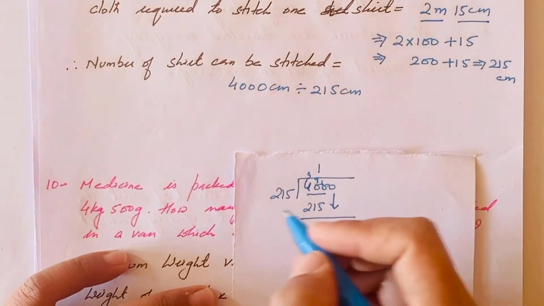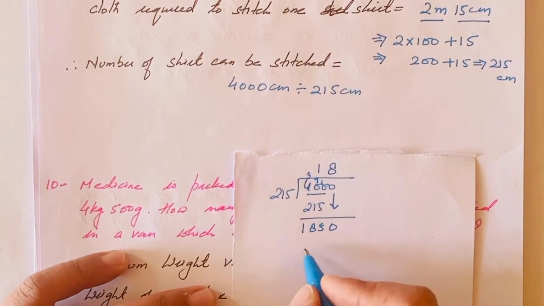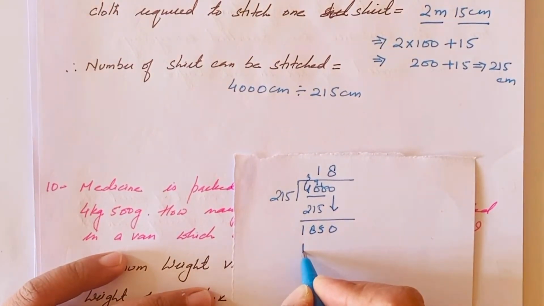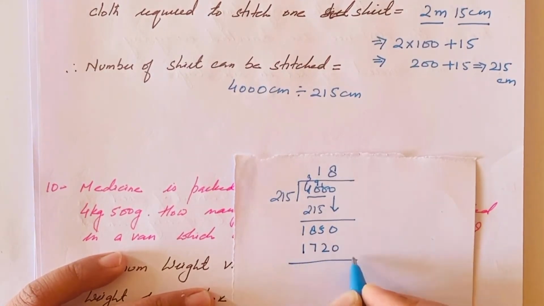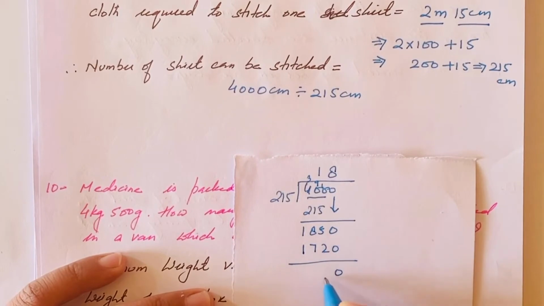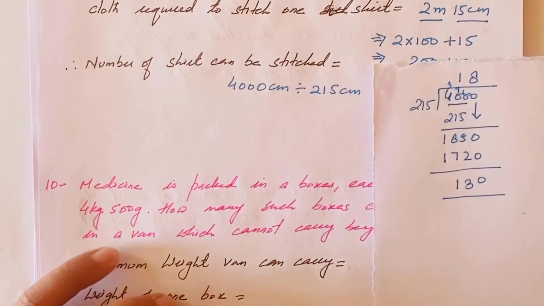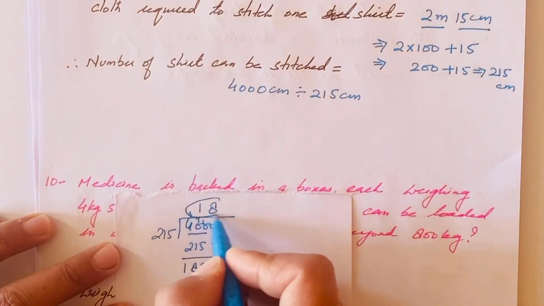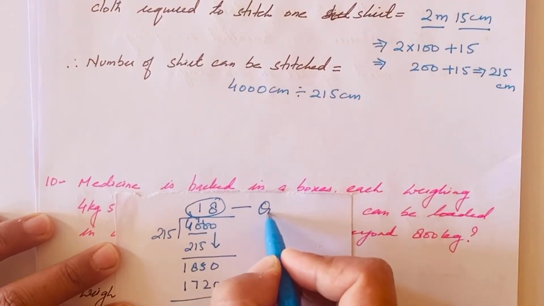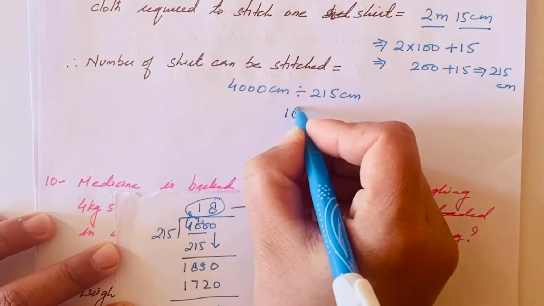So here 215 8s are 1720, right? So we are getting the remainder, 130. When we divided these two, we got 18 as the quotient, which means the number of shirts that can be stitched equals 18 shirts.